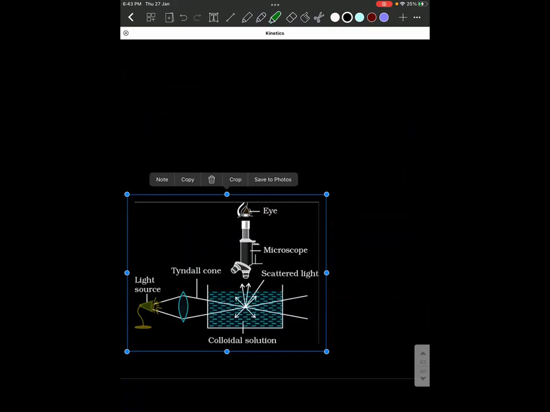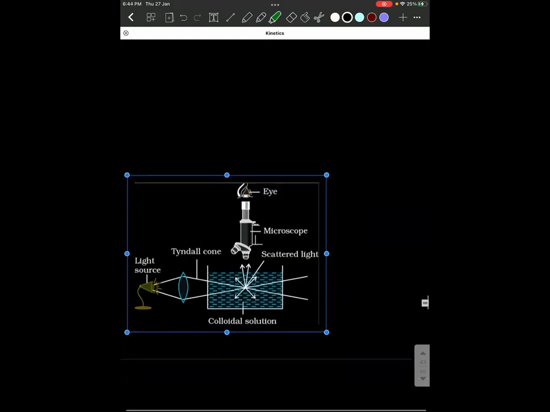Here we are observing through a microscope that these small colloidal particles are scattering the light, and the light which we see after this beaker is because of the scattering of light by the colloidal particles. So this phenomenon is known as Tyndall effect. Clear? Yes.